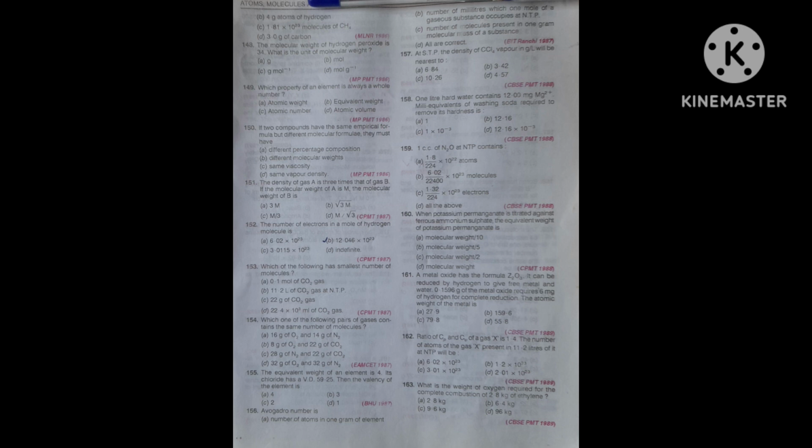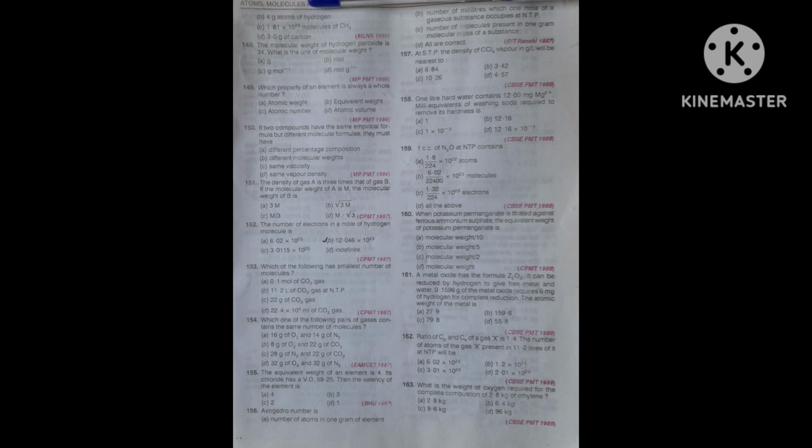Again, one more time I am reading the question. 1 cc of N2O at NTP contains: option 1, 1.8 divided by 224 into 10 to the power 22 atoms. Second, 6.02 divided by 22,400 into 10 to the power 23 molecules.